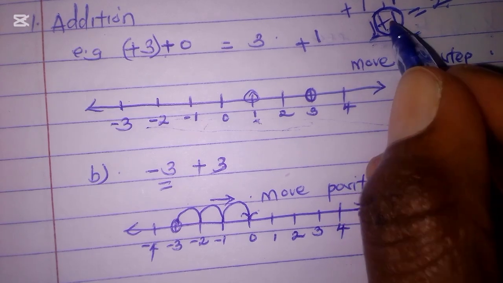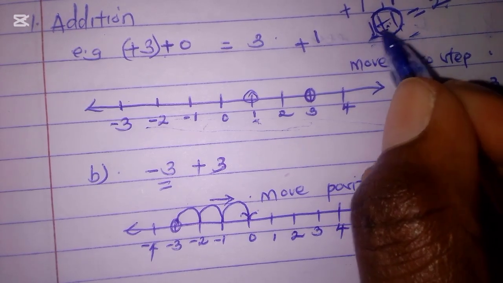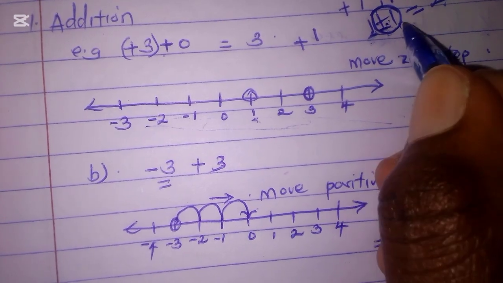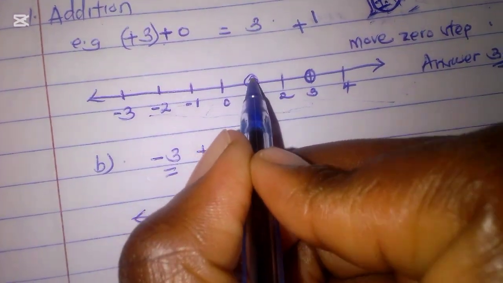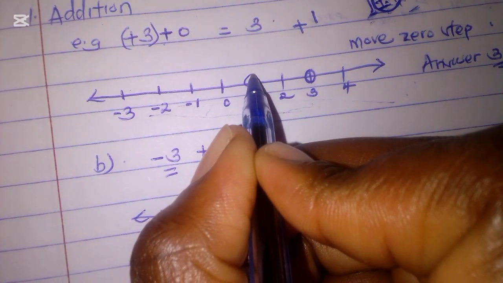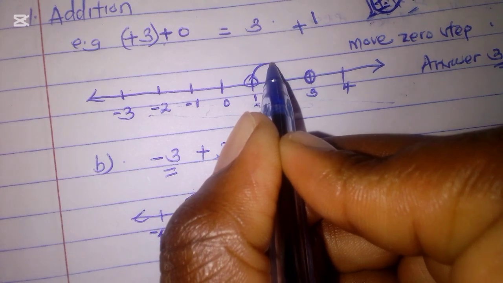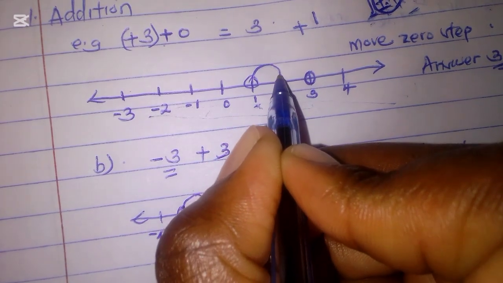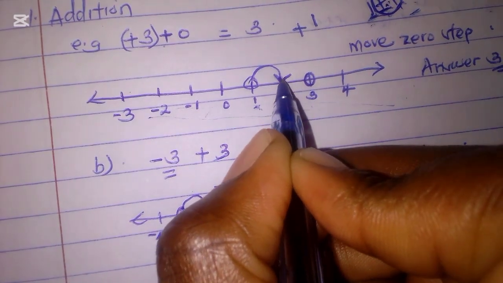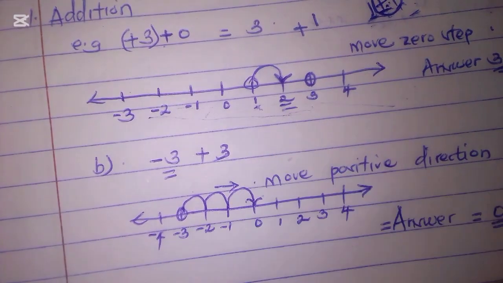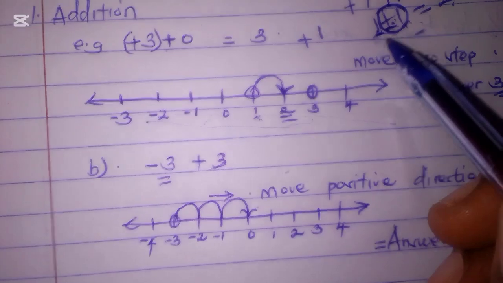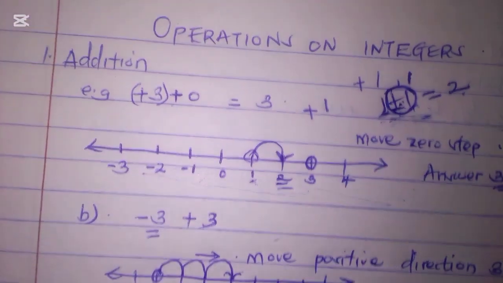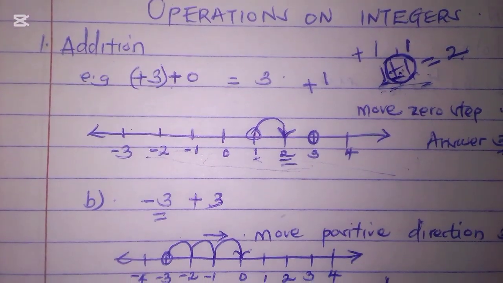It means for us to add 1, we are going to go in the positive direction 1 step. So let us try. Our initial number was 1. We are going to go in the positive direction 1 step. So our new number is what? It is 2. I hope I have tried to prove how we are getting 2 from the initial operation that we know, that is 1 plus 1 is 2.